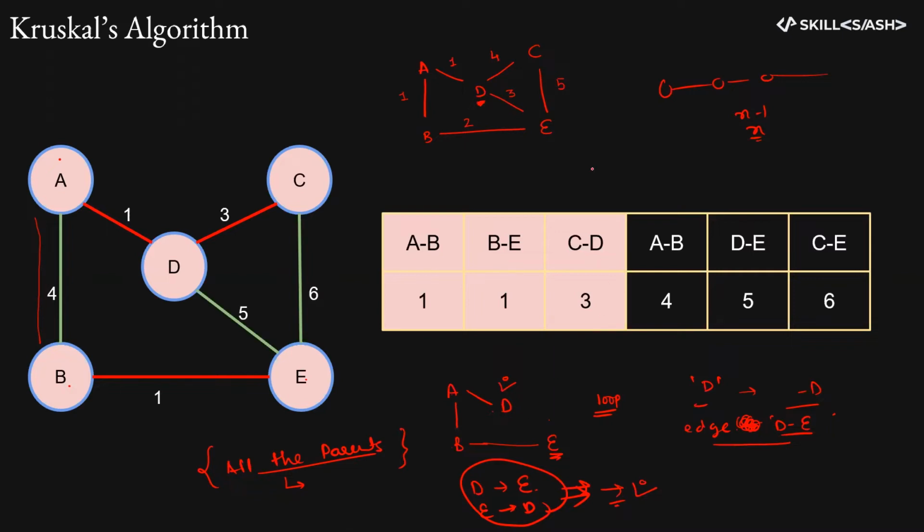So DE we will not add into our resultant set. Afterwards, the edges in the order 1, 1, 2, 3, 3 we are adding, then 4, then we will add this 4C, and then we'll see that our connected components are complete and all the nodes are found as connected. Make sense?